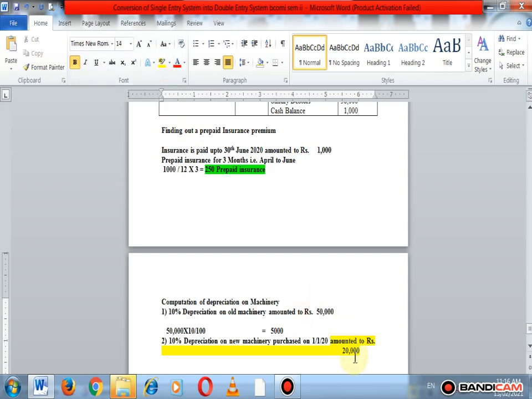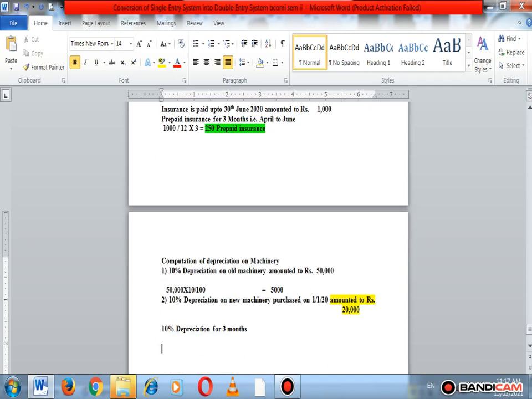So the 10% depreciation on 20,000 for how many months? So January, February, March, 3 months. So here 10% depreciation for 3 months. So compute the depreciation.